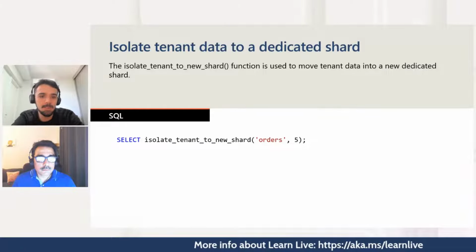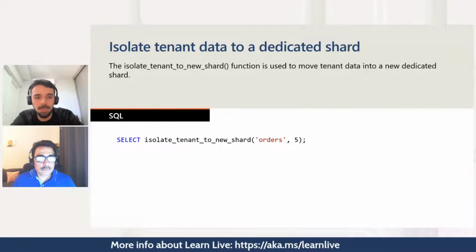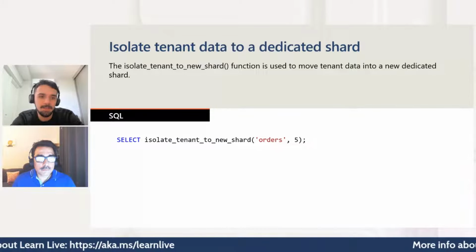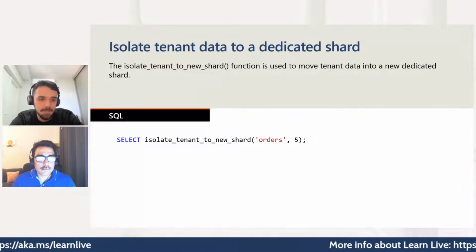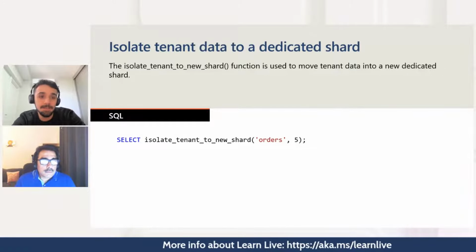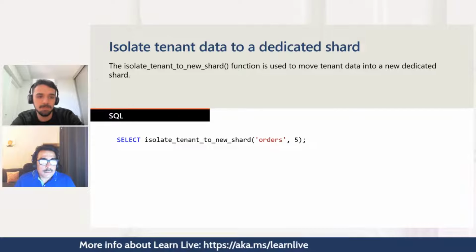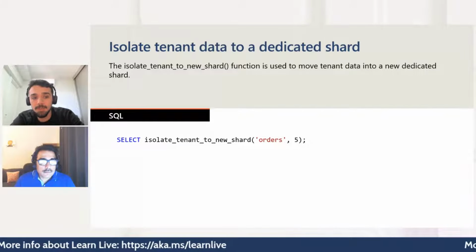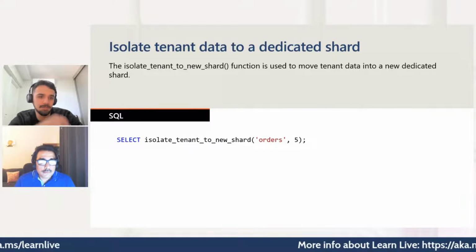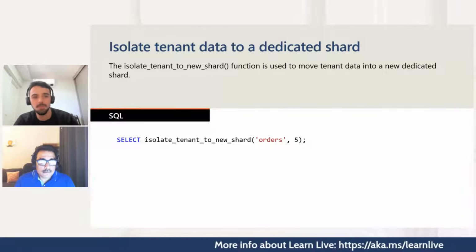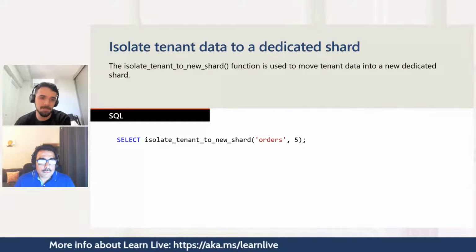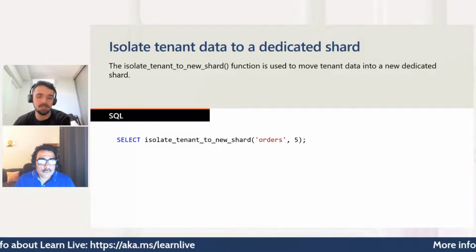So in a scenario where, let's say, store ID 5 is inside a shard in worker 1, and this store ID is consuming a lot of resources from that worker, what we could do is isolate all of store ID 5 data into a new table. We call tables shards here.